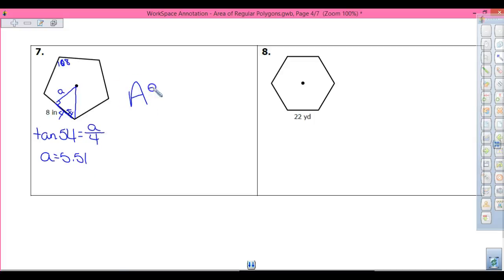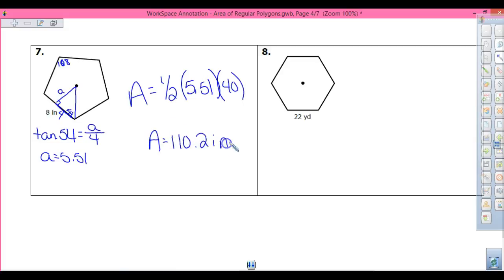Okay, because my area is 1/2 times my hypotenuse, which is 5.51 we just found, times my perimeter, which is going to be 40. Inches squared.